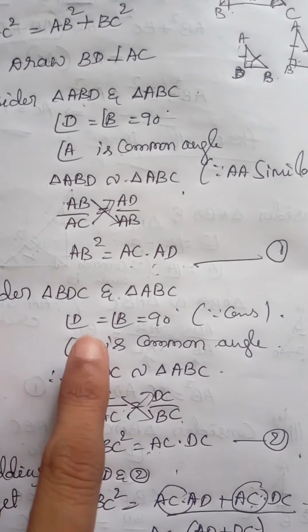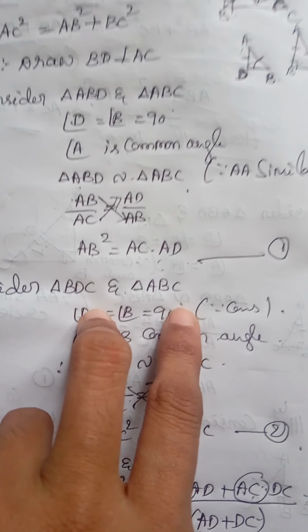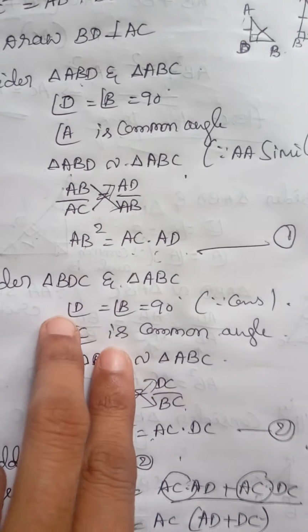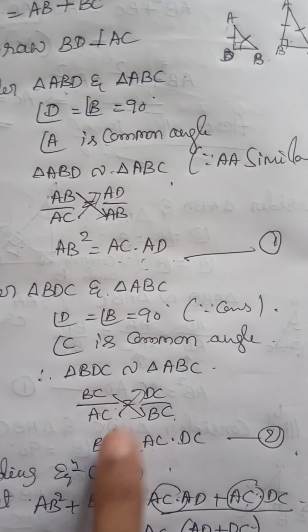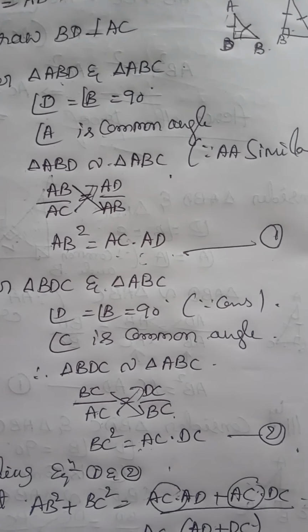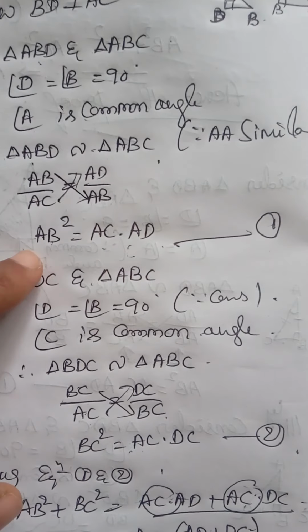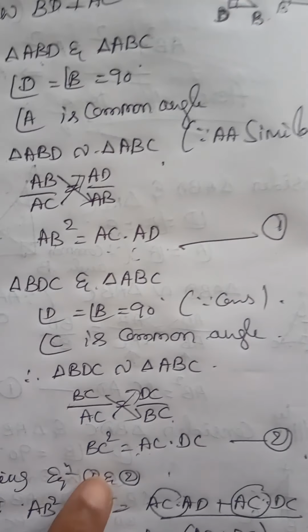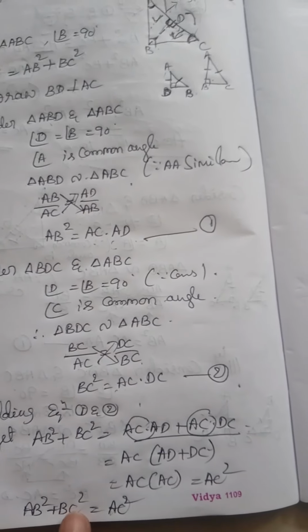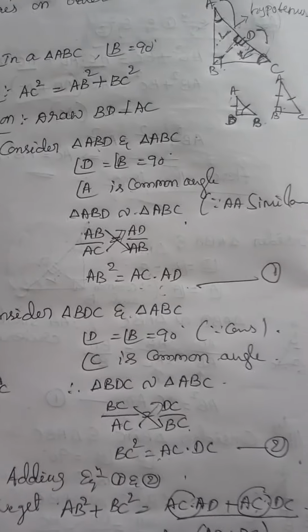In the other case, we take two triangles BDC and ABC; these two triangles are similar, so the corresponding sides are in proportion. By cross multiplication we get BC square, and from the first we get AB square. By adding these two we get AB square plus BC square is equal to AC square, which is the proof of the theorem.